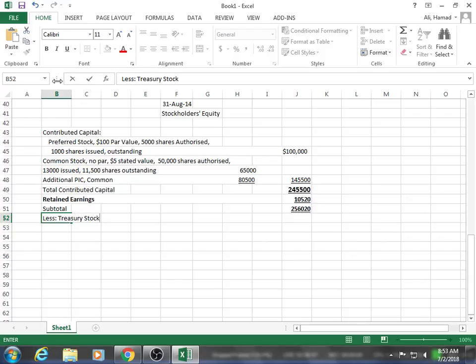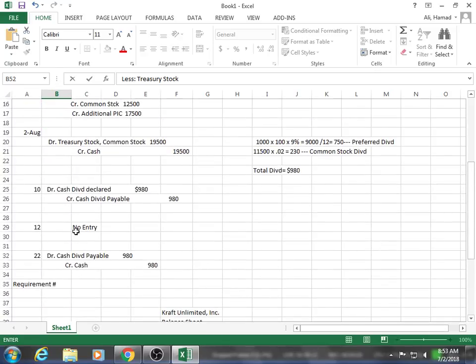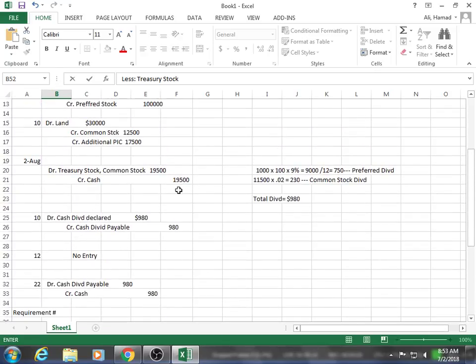How much was the treasury stock? Go back to the problem. It was 19,500 on August 2nd, because we did 1,500 times 13.